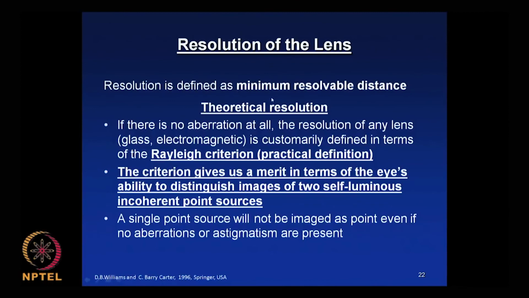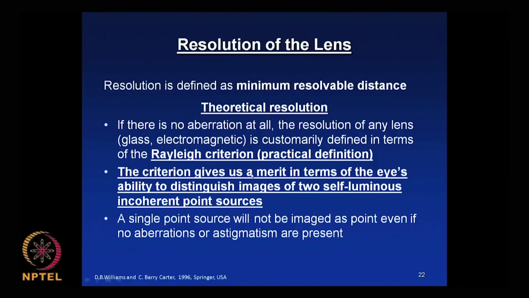Resolution is defined as the minimum resolvable distance, and we will first look at the theoretical resolution. If there is no aberration at all, the resolution of any lens, whether glass or electromagnetic, is customarily defined in terms of the Rayleigh criterion, which is a practical definition.